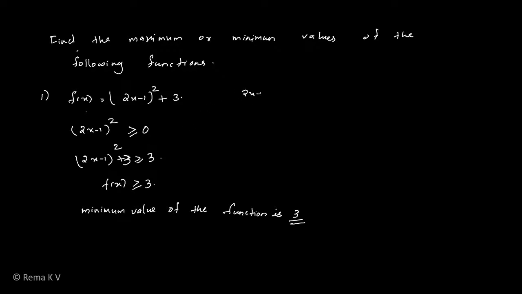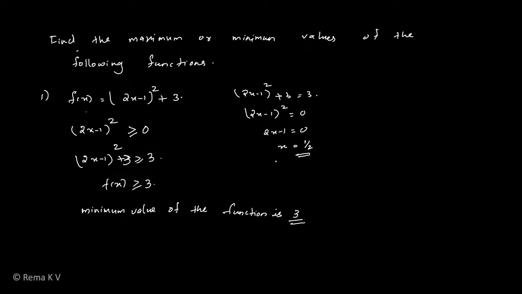That is, (2x minus 1) the whole square plus 3 must be equal to 3, and (2x minus 1) the whole square is equal to 0. 2x minus 1 equal to 0, x is equal to 1 by 2.